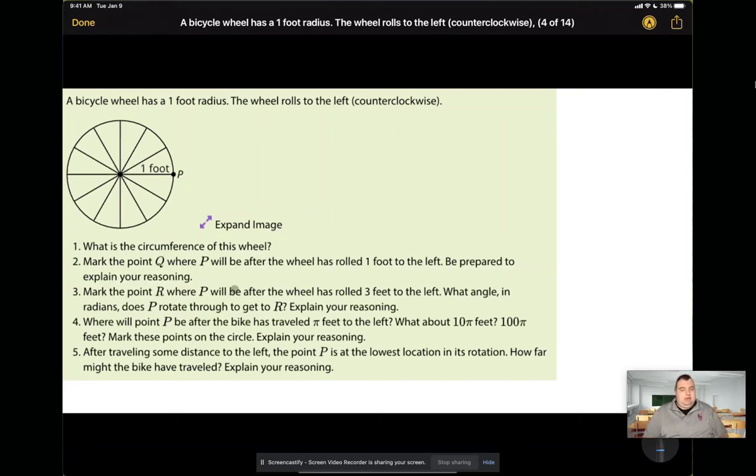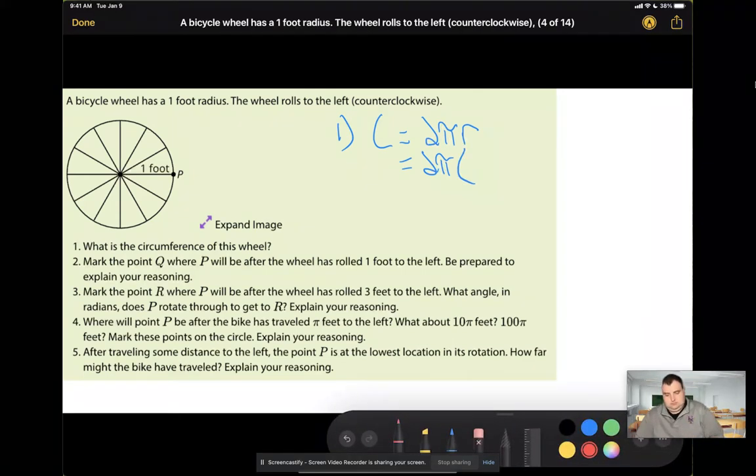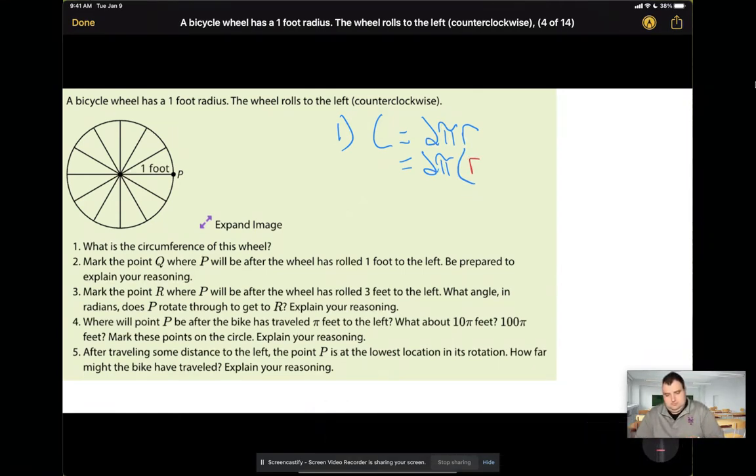So number 1, what is the circumference of this wheel? You should know already what the circumference is. The formula for circumference is 2 pi r. And in this case, the radius is 1.